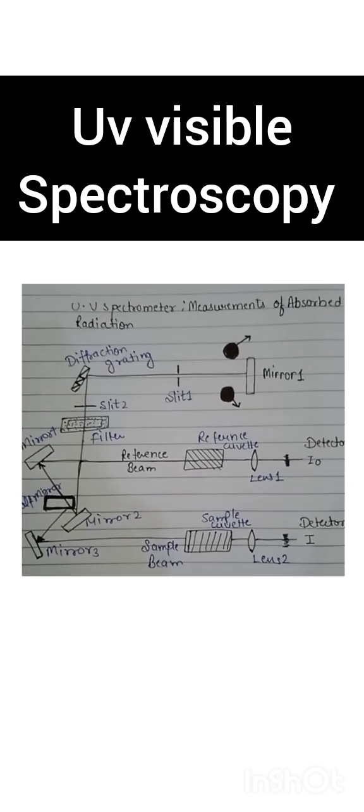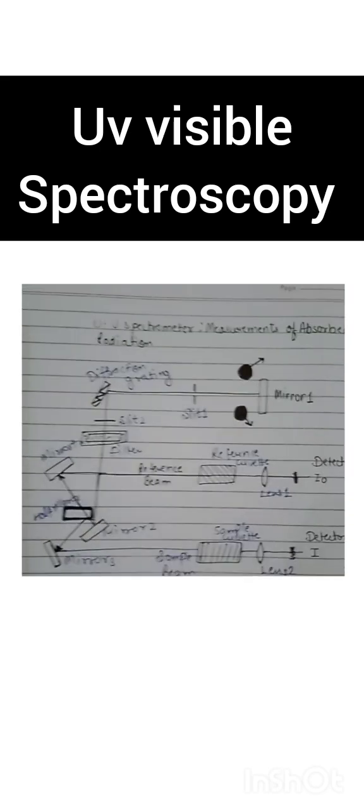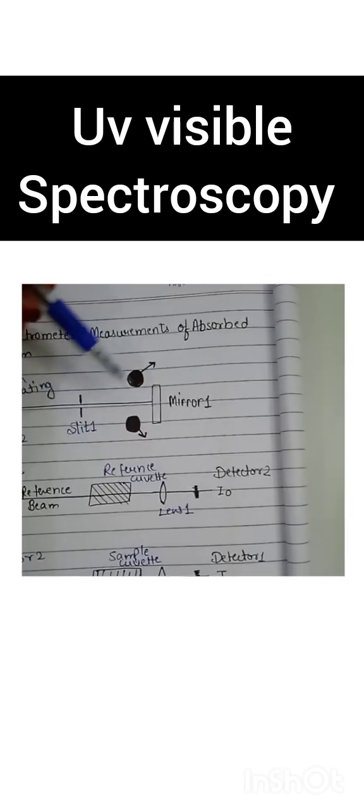This is the given diagram for the UV spectrometer. Firstly, this is the mirror first, and then there are these two sources of light.